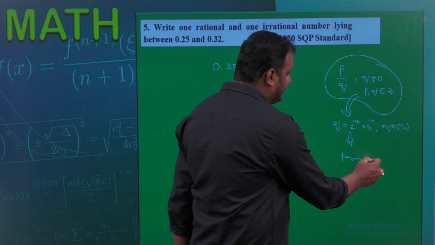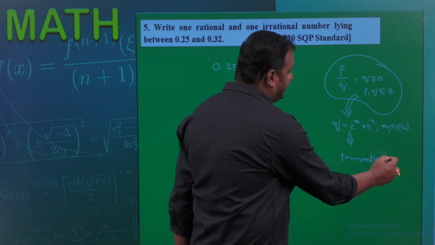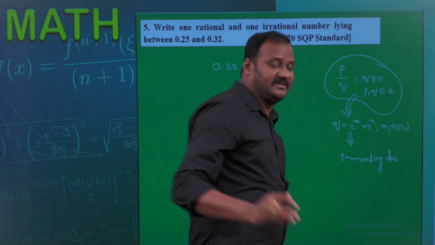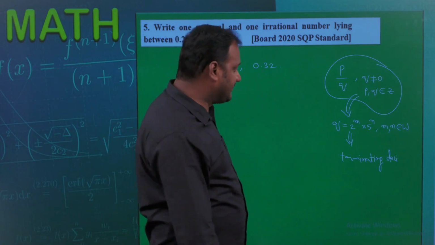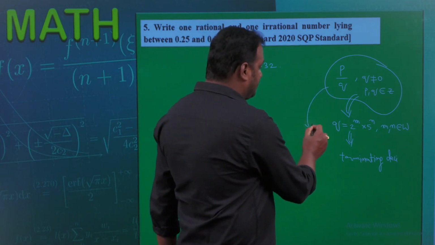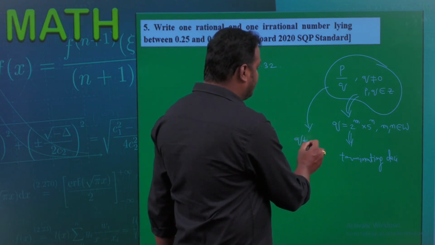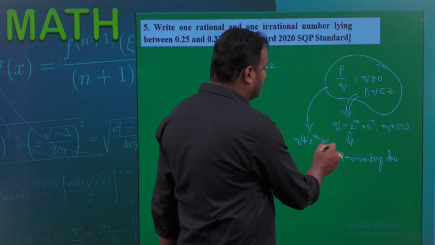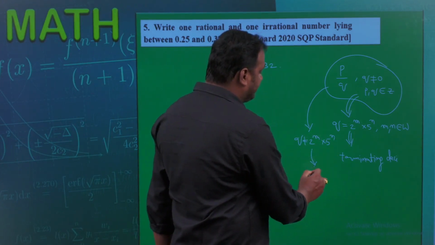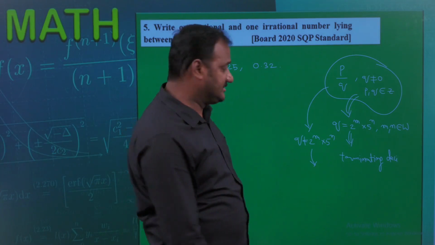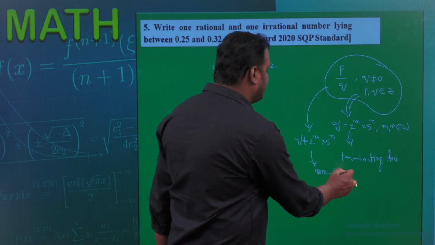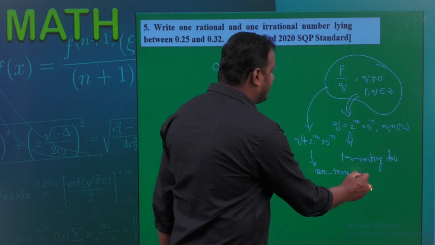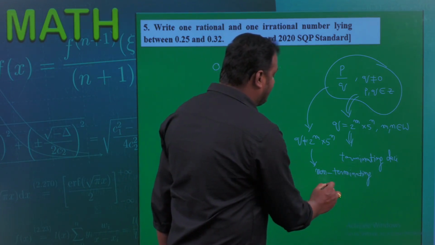What do you call that? Terminating. A terminating decimal is nothing but a decimal that ends. That is what is called a terminating decimal. Suppose q cannot be expressed in the form of 2 to the power something into 5 to the power something, then this kind of decimal expansion is non-terminating but repeating.